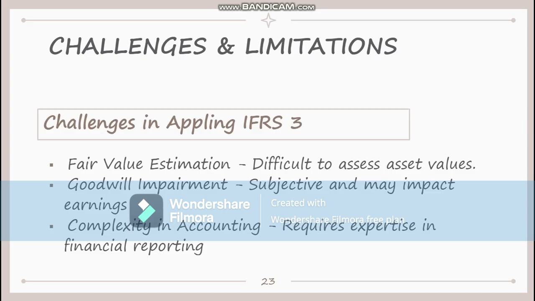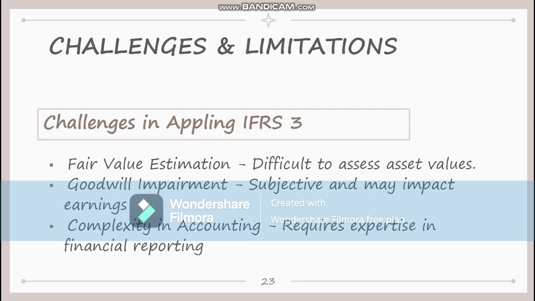There are three listed here, and number one is fair value measurement problems. This occurs when assessing the fair value of items like intangible assets, contingent liabilities, and non-monetary assets, which can be both tricky and open to interpretation. Next is goodwill impairment testing. Each year, businesses have to carry out tests to check if goodwill has been impaired.